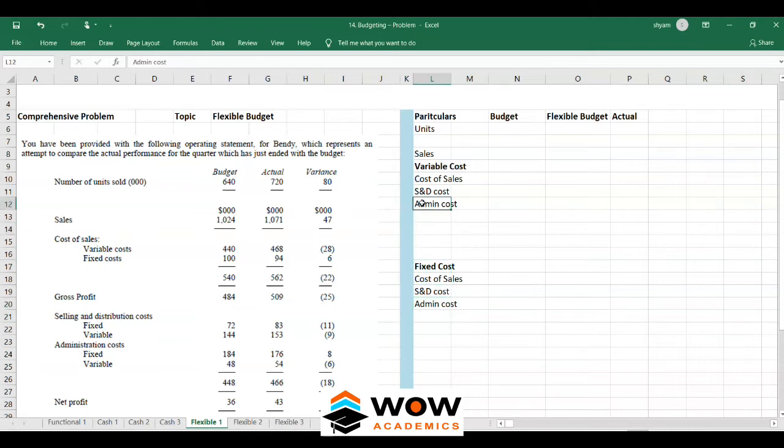So how does this work? So first we'll get the units, 640, then 720 here. So what would be the flexible budget units? The flexible would be similar to the actual because we have to compare these two only. So let's get the sales, 1024, 440, then 100 here.